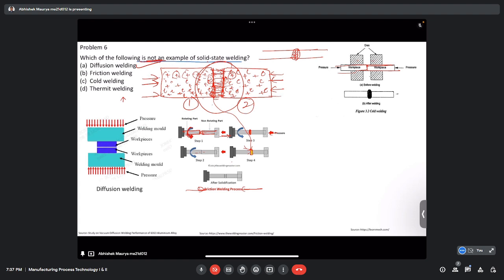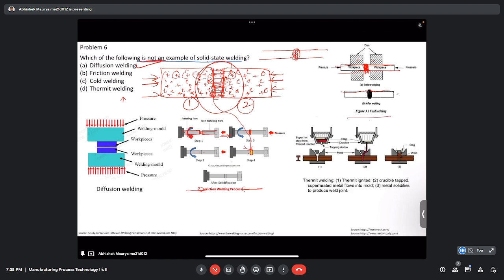So here we have dies which guide them to come together, and again they are given some plastic deformation and some temperature rise, and the plastic deformation and temperature rise will cause the materials to join together. So that is cold welding. It is very similar to friction welding, the only difference being that the material is guided with the help of dies.